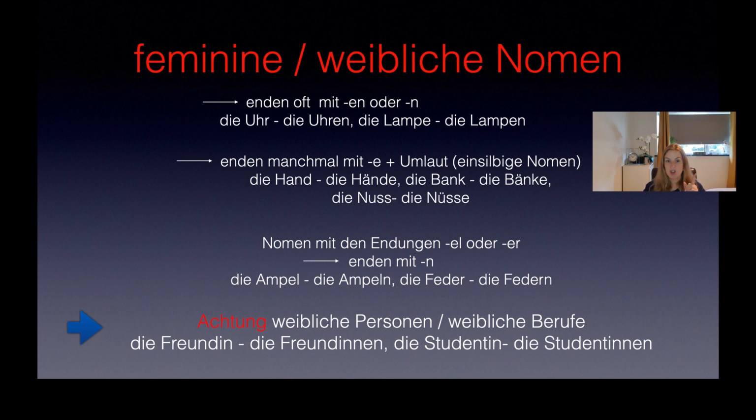But guys, watch out. Female persons and female professions, for example, die Freundin, the girlfriend, turns into die Freundinnen. Can you see the double N? We just add another N into it. Die Freundinnen, the girlfriends.